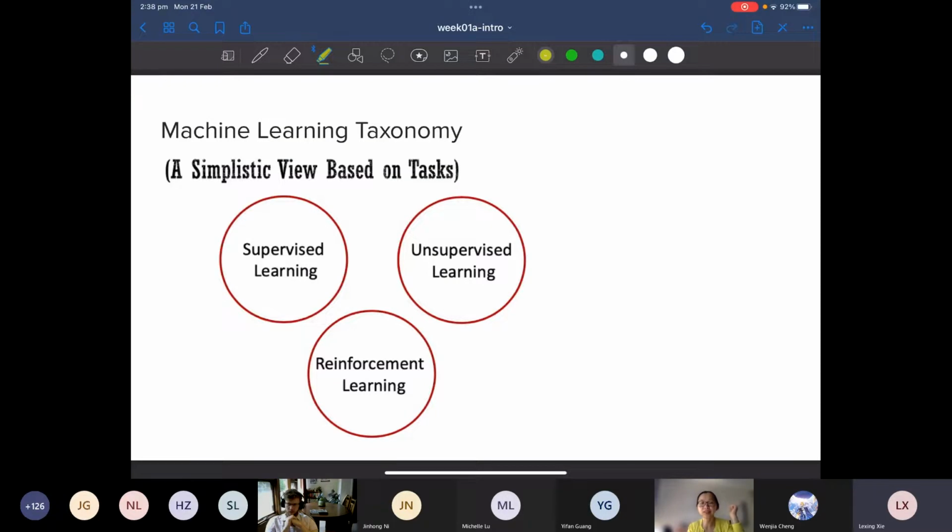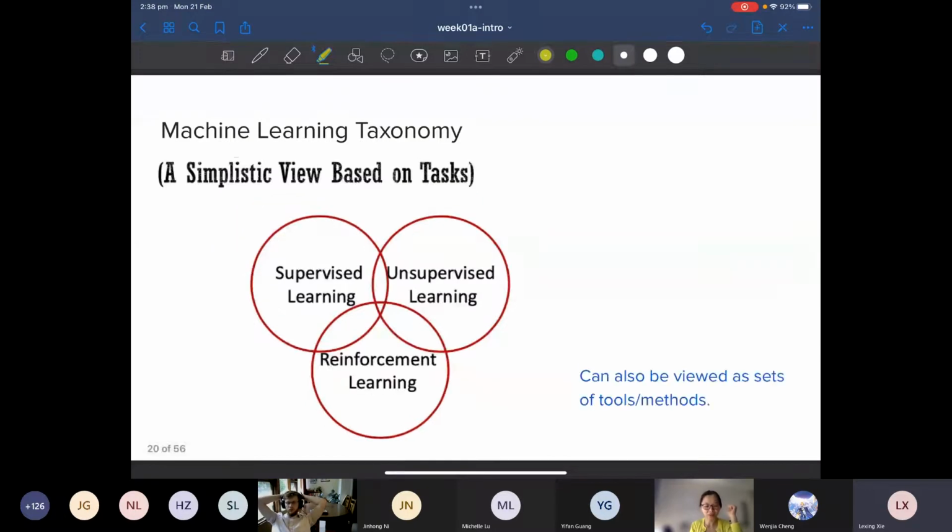Unsupervised learning, there's no target, and we derive some patterns from the data based on a particular desired objective. And reinforcement learning, which we won't cover a lot, but we'll say one word about it a bit later.